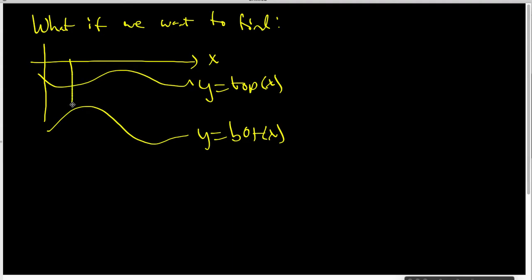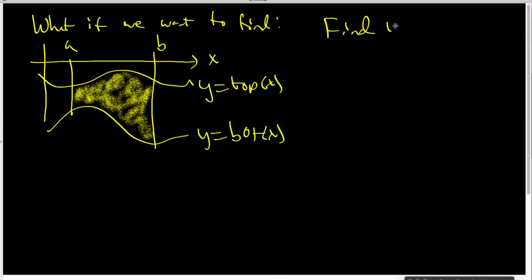And the area that I want to find as positive area is still going to be this chunk of area. So I want to find that yellow area as a positive area, because it's just a region in the plane.